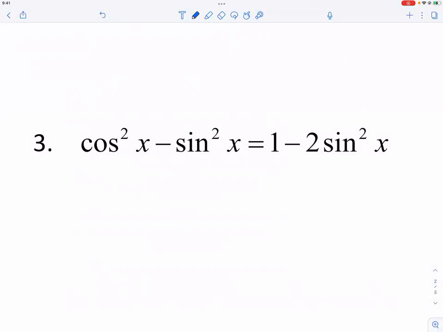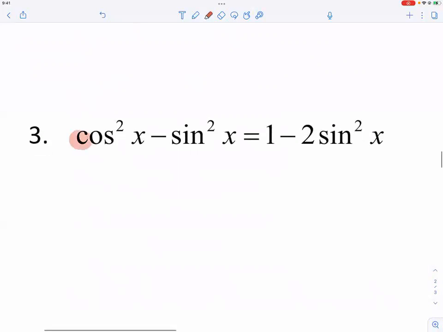So now, how can you think purposefully? Well, on the right-hand side, you can see the sine square, right? Now on the left, you see cosine square x, but you don't see it on the right-hand side. That means you're going to work on the cosine square x.